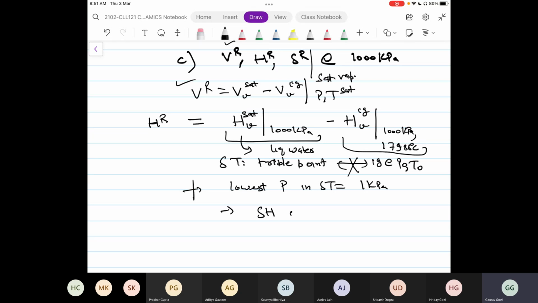I say that superheated steam at 1 kilopascal and 179.88 degrees Celsius. I could have gone to the highest temperature available in steam tables, but to me, 180 degrees Celsius at 1 kilopascal is high enough. So to ease the calculation a little bit, I am keeping 1 kilopascal and 179.88 degrees Celsius.